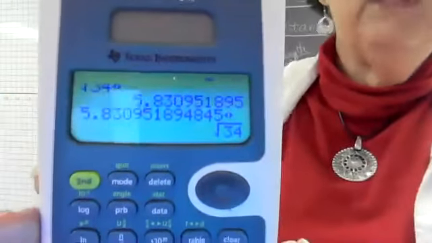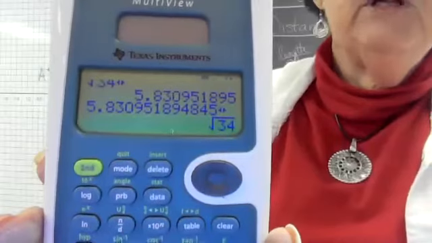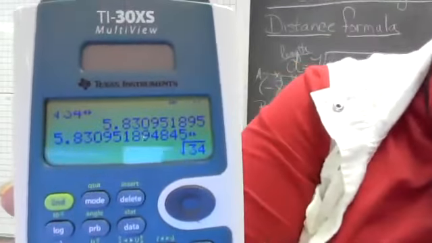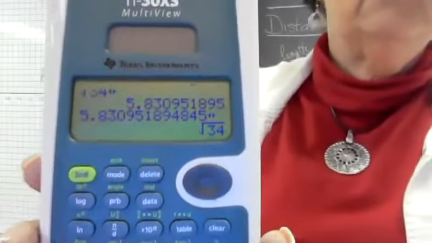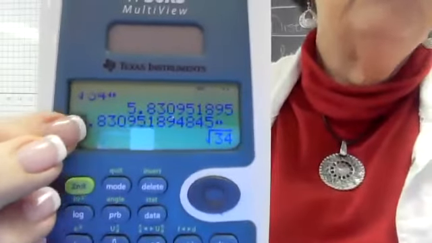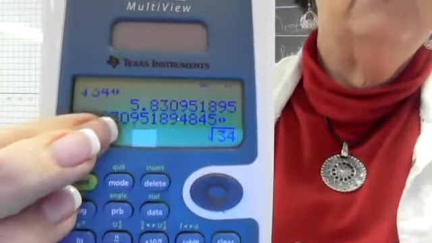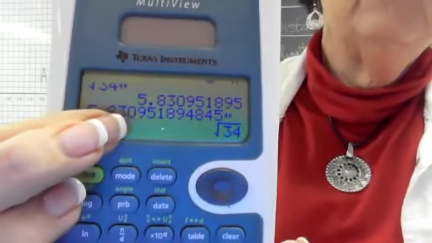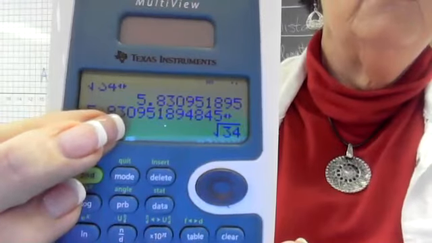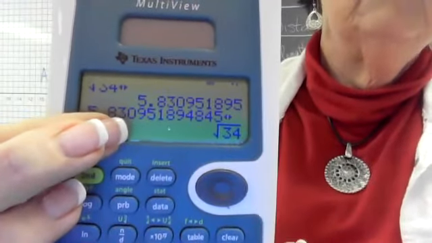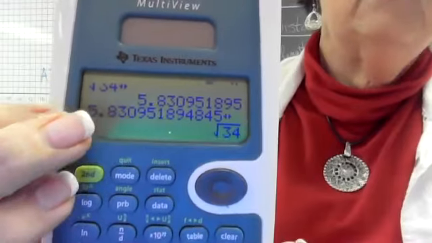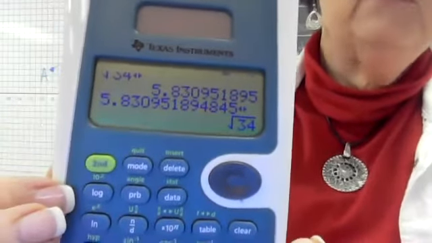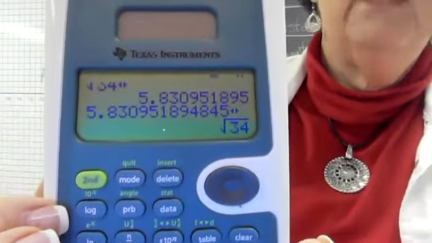What they want on this page is your decimal answer to the nearest 2 decimal places. So that means we're going to use the 5 and the 8 and the 3, but we have to look at the next number after the 3 and see if it needs to be pushed up to a 4 or leave it alone. In this case, 5.83 will be your answer for the length of this line.